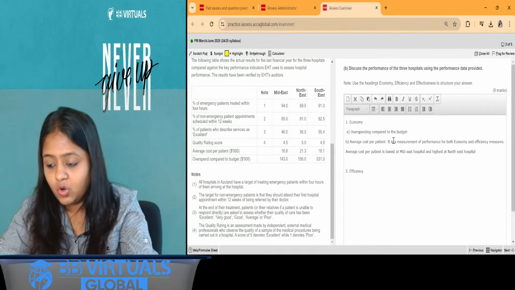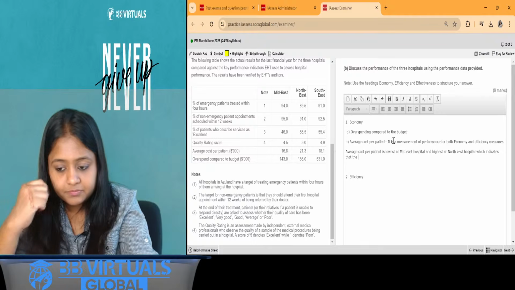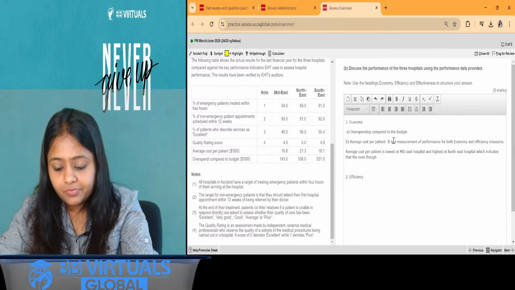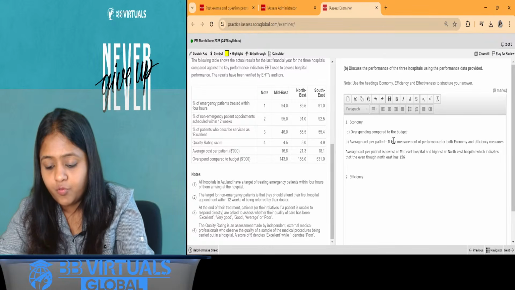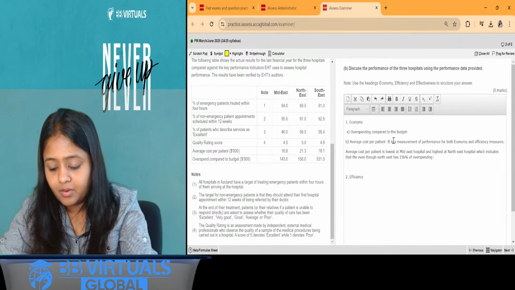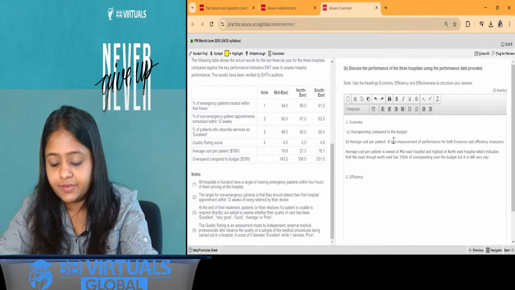Okay, Northeast Hospital, which indicates that even though Northeast has 156% of overspending over the budget, but it is still very expensive.